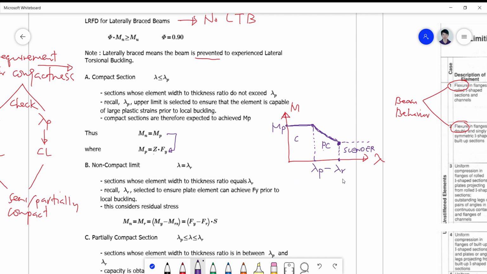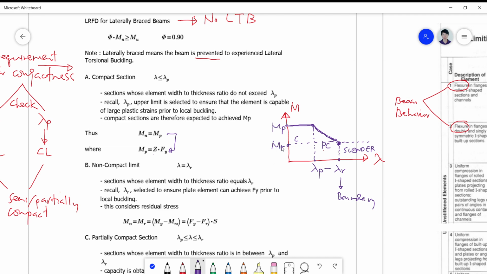But if you want to get the equivalent capacity of this, so this is now a boundary between your partially compact section and slender. You have now your Mr, which is defined as your residual moment.